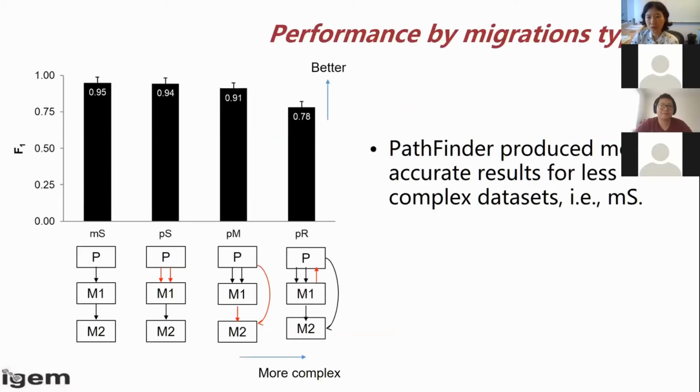For each inferred migration plot, we computed F1 score, and then we calculated the average F1 score for each seeding type. We found that Pathfinder produced the highest F1 score for this dataset, and the F1 score declined when the dataset contained more complex migration events.